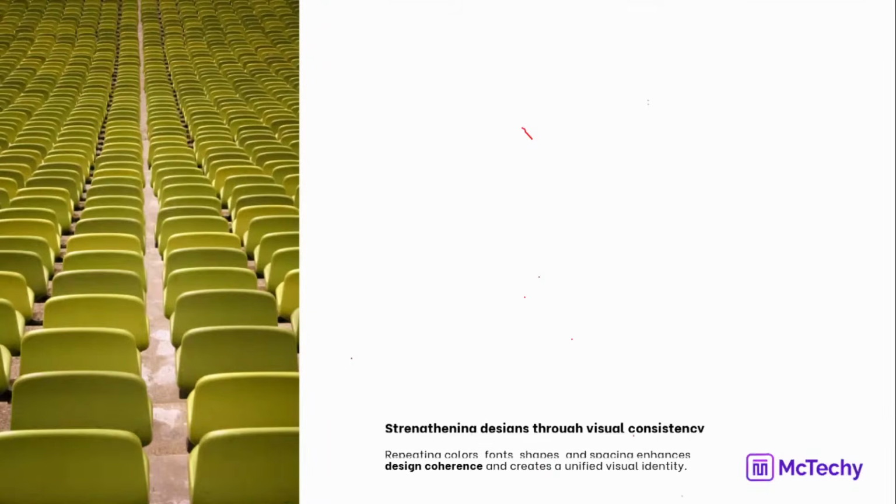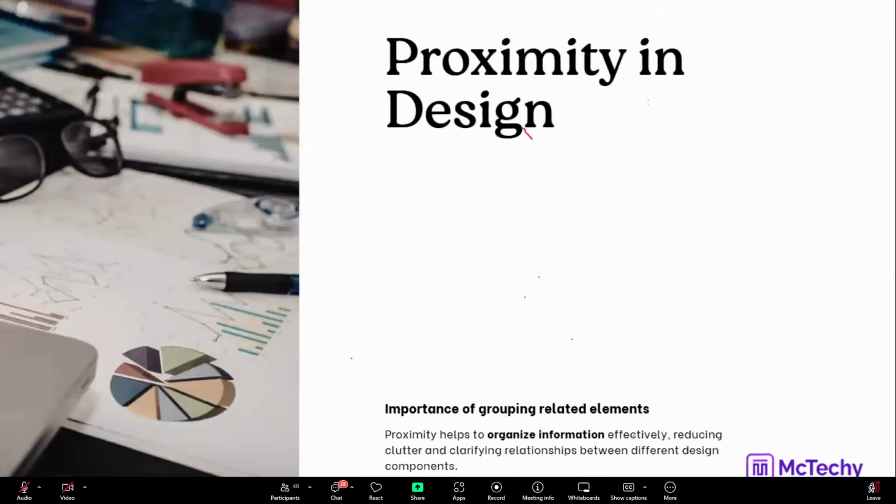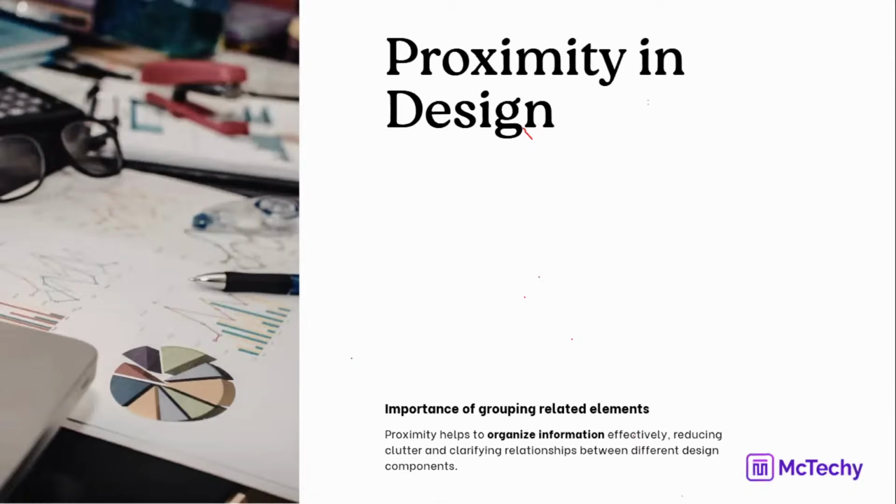So we are going to go to proximity. Let me explain proximity in a way that you would remember. Proximity is when you design a particular thing in such a way that there are boundaries for each element.